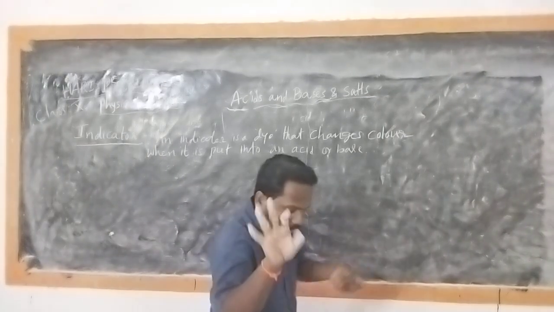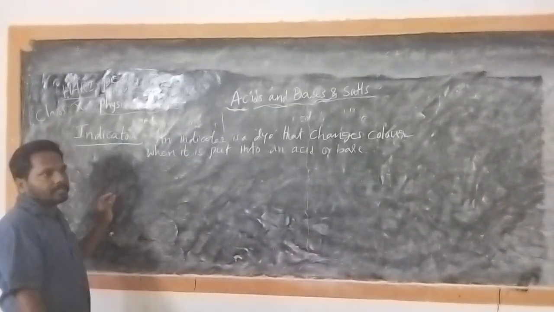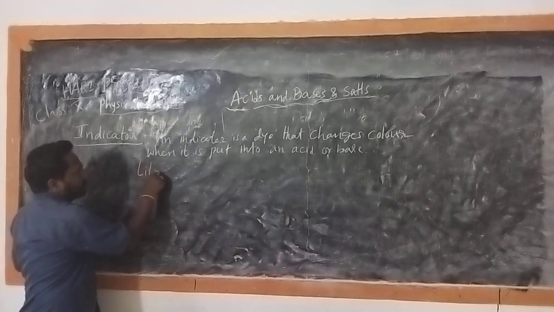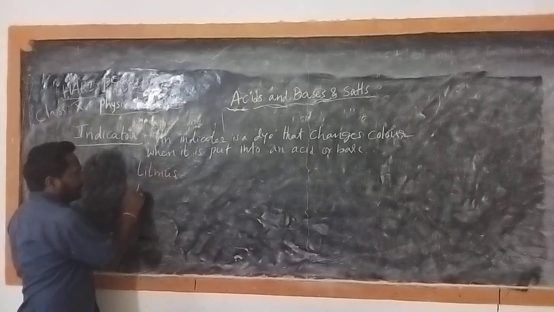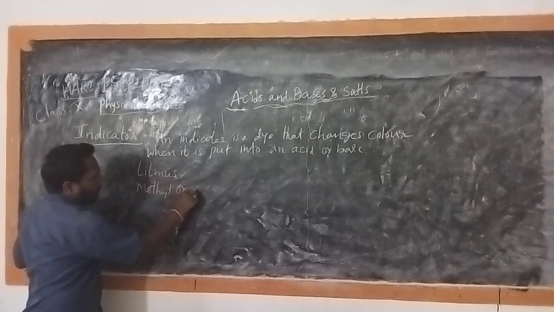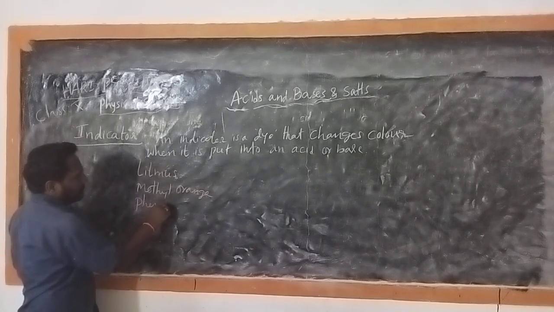There are three commonly used indicators to test whether the substance is a base or acid. They are litmus, methyl orange, and phenolphthalein.